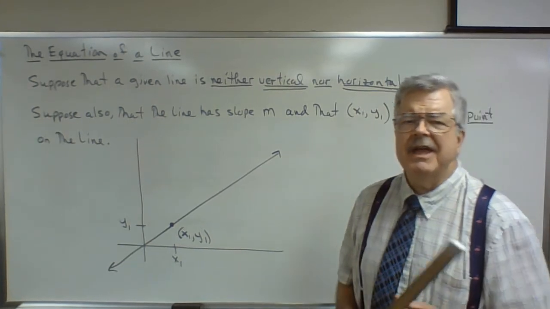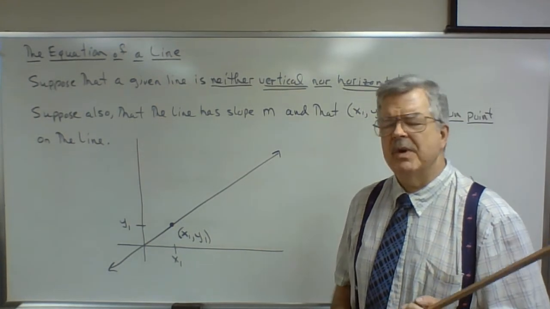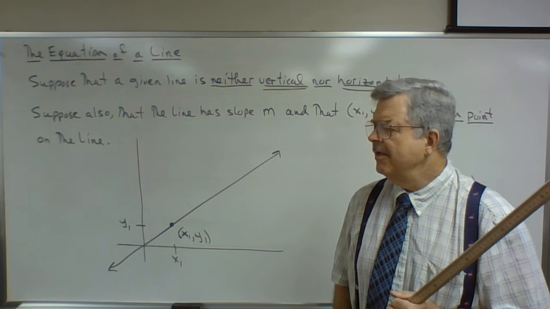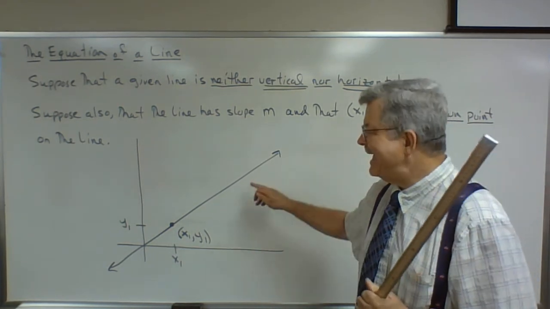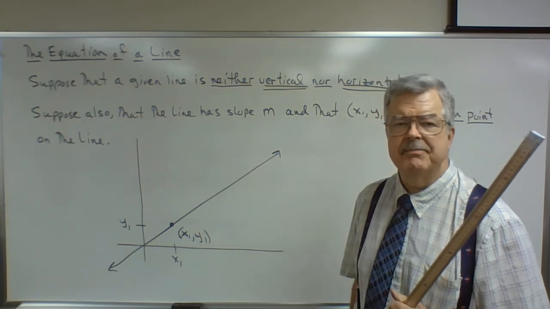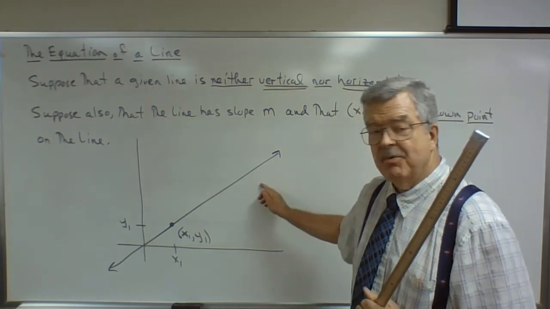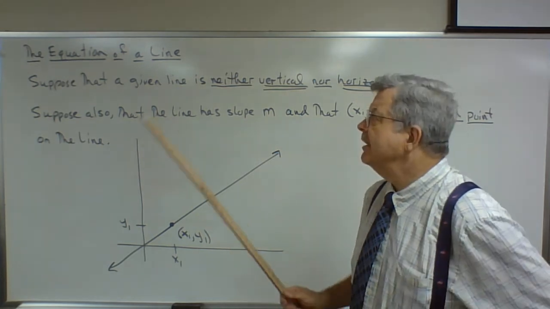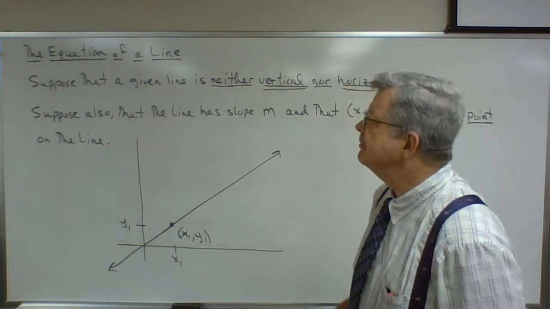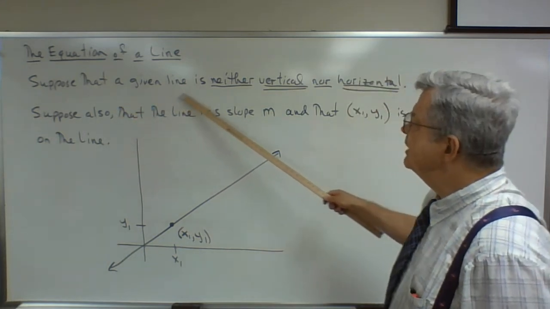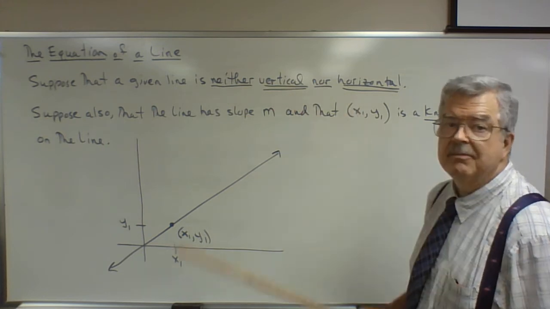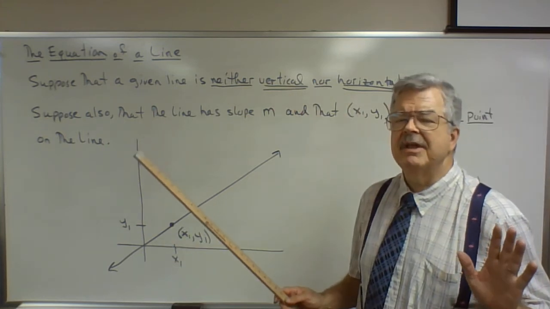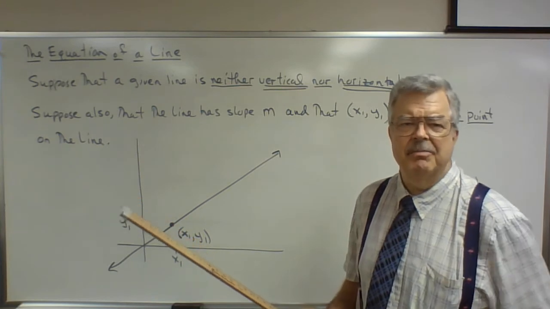For the sake of trying to get an equation that has as its solution any point on the line, or every point on the line, let's suppose a few things. Suppose that a given line is neither vertical nor horizontal. These are special cases. We'll look at those in a little bit.